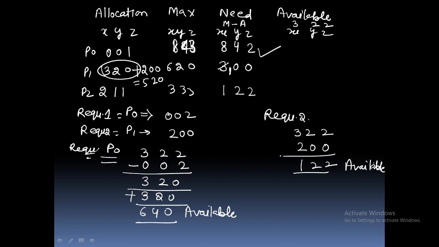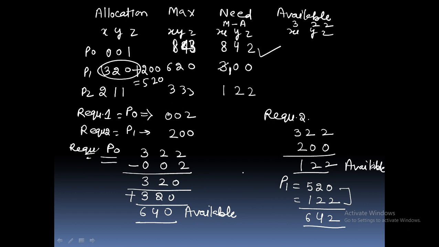First of all, I will check P1. P1 allocation is given 520 and we have available 122. Total available resources will be 642.